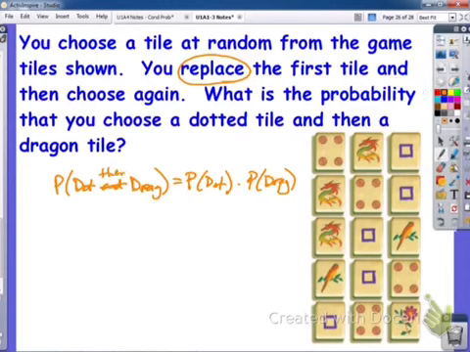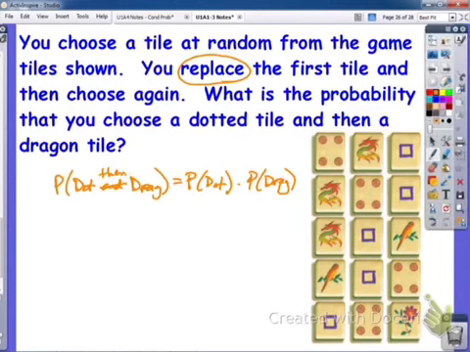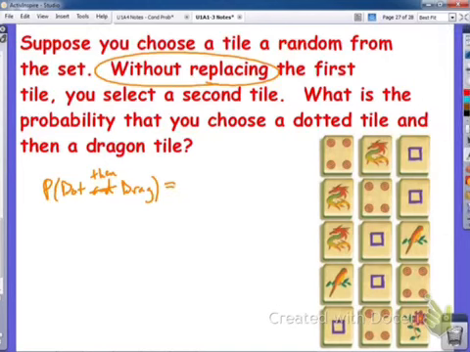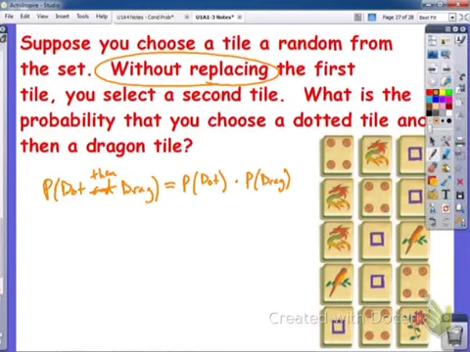Either way, it works out the same way. Dotted, then dragon, is going to be the probability of selecting a dotted times the probability of selecting a dragon. I'm sure you could figure that out on your own without me.